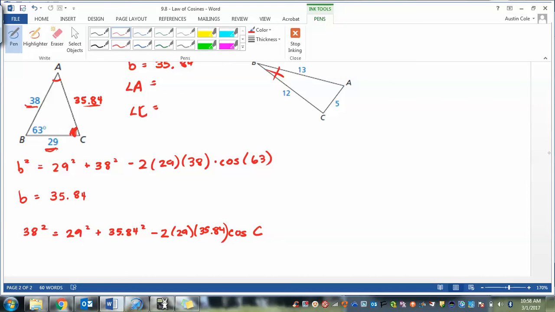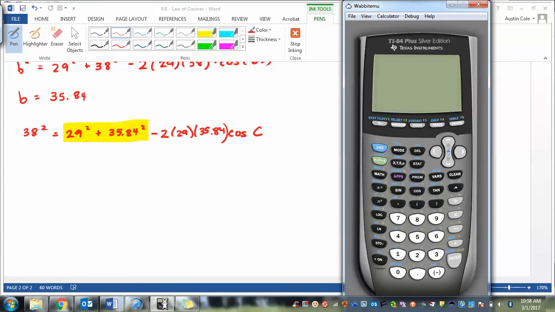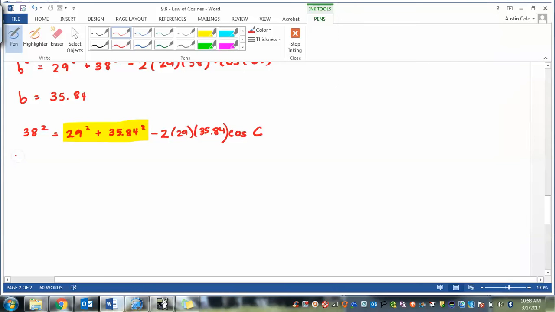Now, again, I need to find my angle. So, talking about order of operations again, I can do that in my calculator. 38 squared is 1444. What's this whole thing, guys?